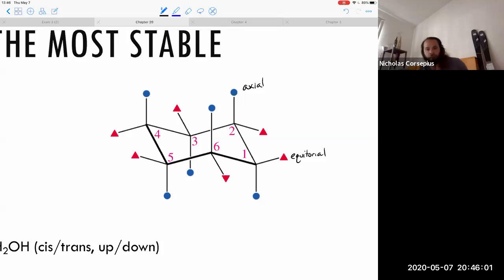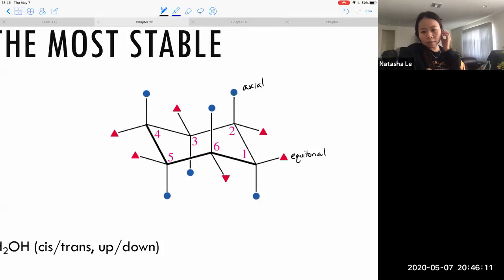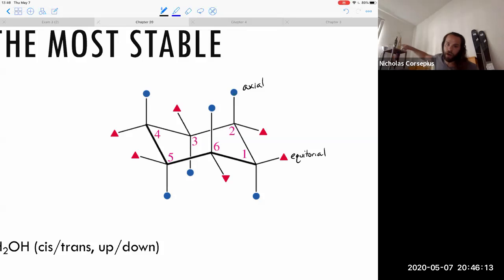And does anybody remember what's more stable, to have a big bulky group in the axial position or the equatorial position? Equatorial, right? Big groups want to be pointed out of the ring, right? The axial positions are much closer to one another. So equatorial is where we want to put our big group.